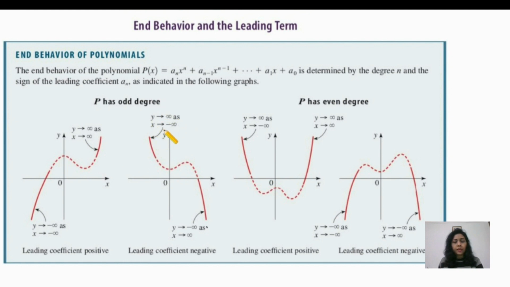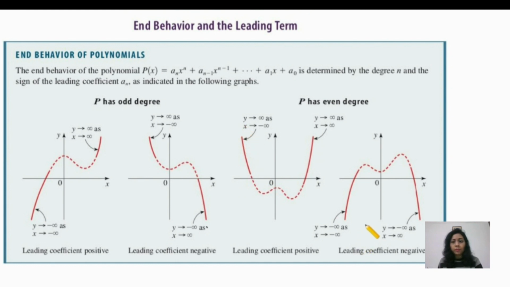If P has even degree and the leading coefficient is positive, that time the graph looks like this, kind of a parabola, and here x tends to positive infinity, y tends to positive infinity, x tends to minus infinity, y tends to positive infinity.